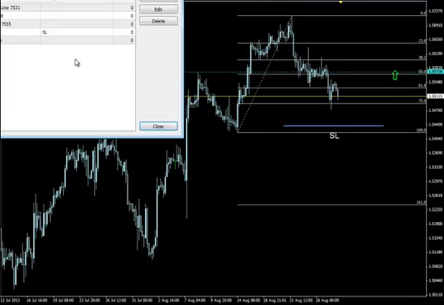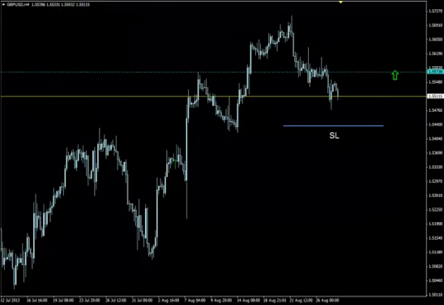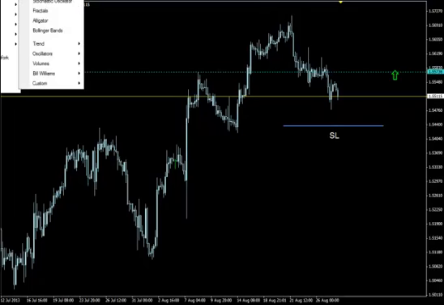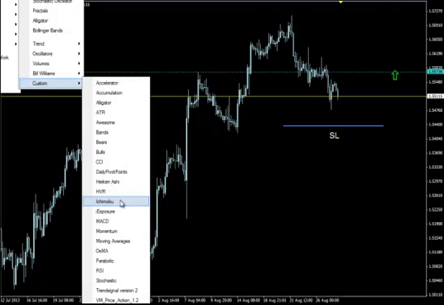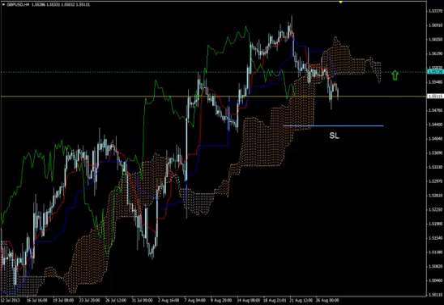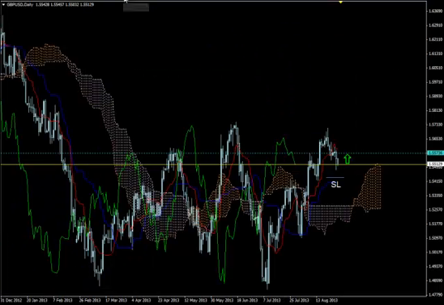Let me remove Fibonacci now, and let's insert Ichimoku again and go back to the daily time frame and see the bigger picture.